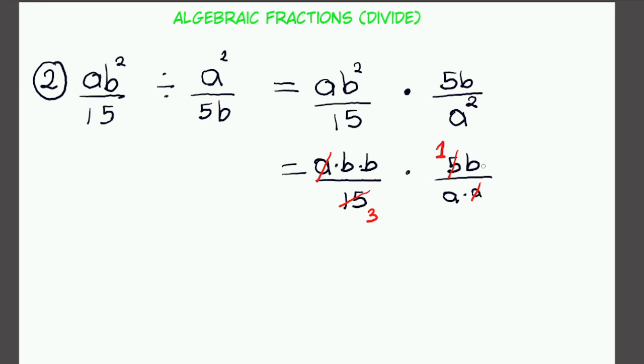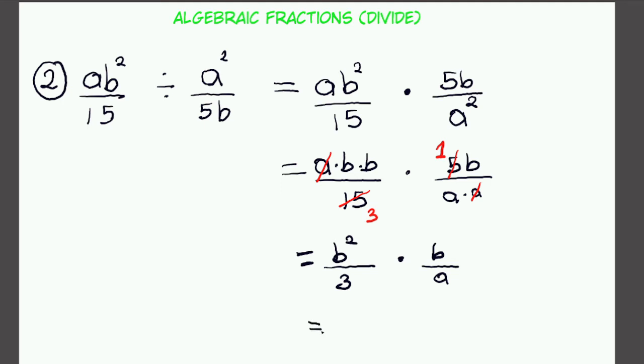Let's see what we're left with, and we're going to go ahead and multiply to get our answer. Now we have b squared over 3 multiplied by b over a. Nothing else to cancel, we're going to multiply to get our answer.